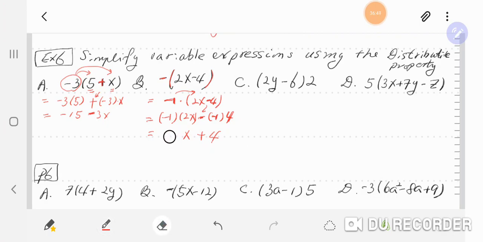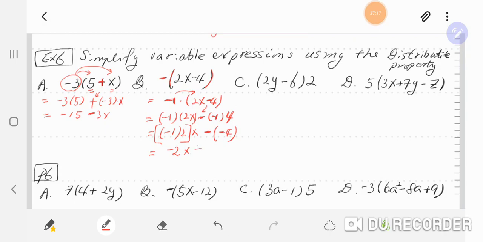Okay, if you are not sure, we can do one more step. This means negative 1 times what? Negative 1 times 2, right? X. And multiply negative 1 and 2 first. Okay, this means negative times negative 4. So finally, negative 2x, and negative times negative is positive. Opposite of negative is what?